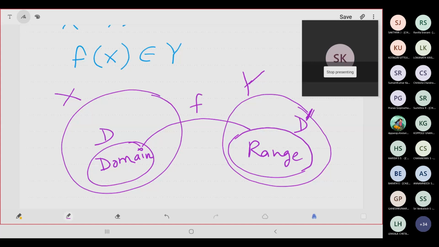And in that case, capital Y is said to be the codomain. Here we are not interested in the codomain, but we are interested in the domain and range set.